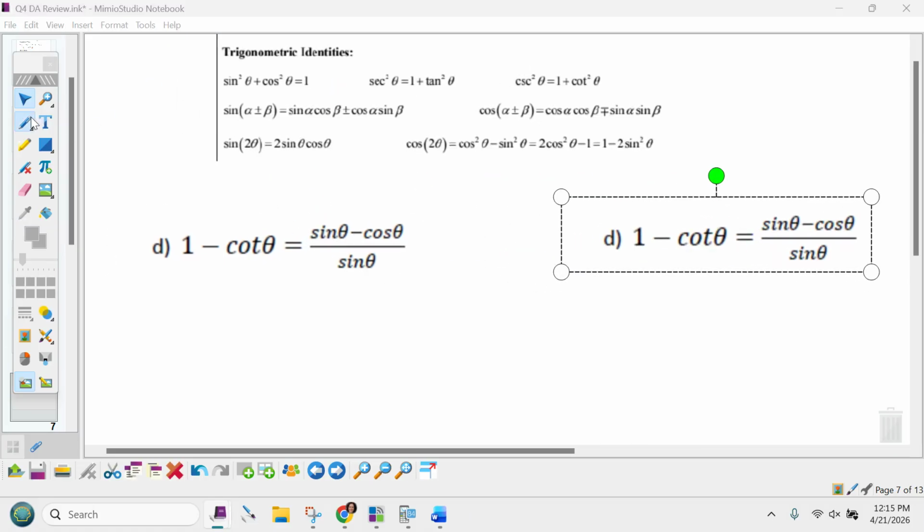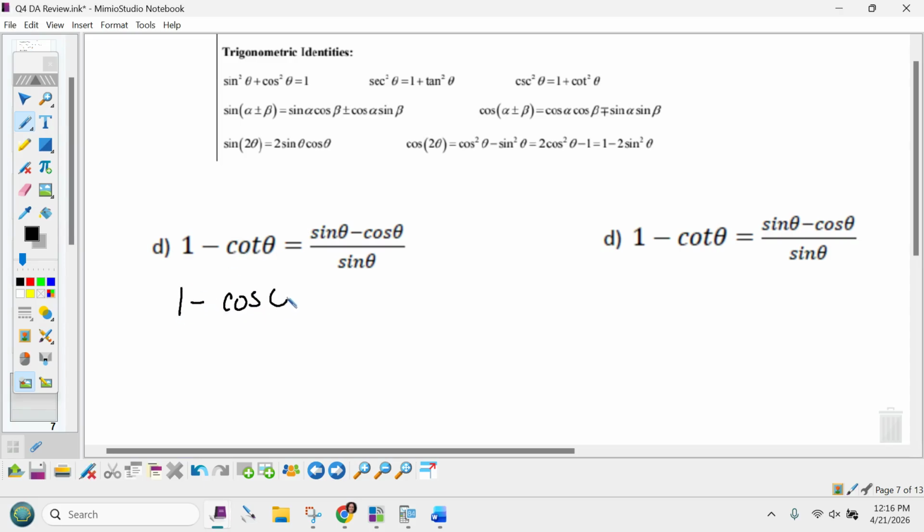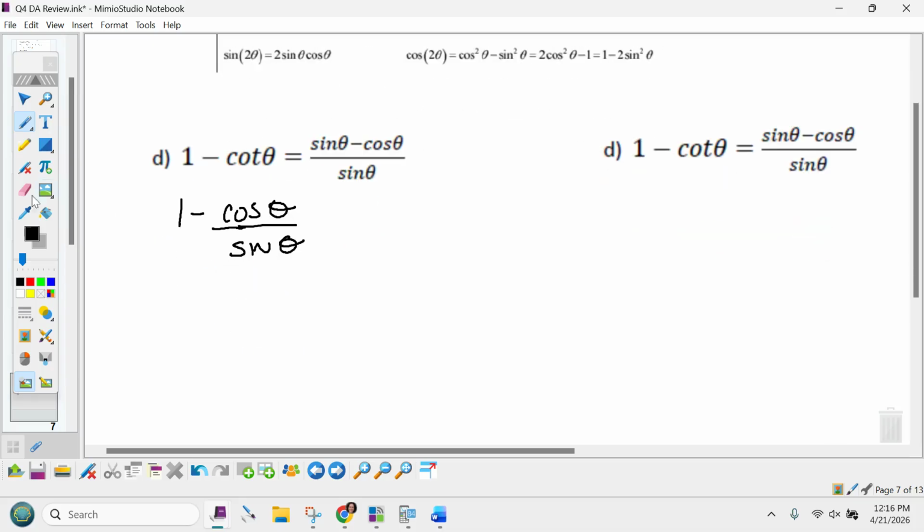Okay, first way is to change cotangent into cosine over sine. And then we need to make a common denominator. So the 1 would be sine theta divided by sine theta. So it gives me sine theta over sine theta minus cosine theta over sine theta.